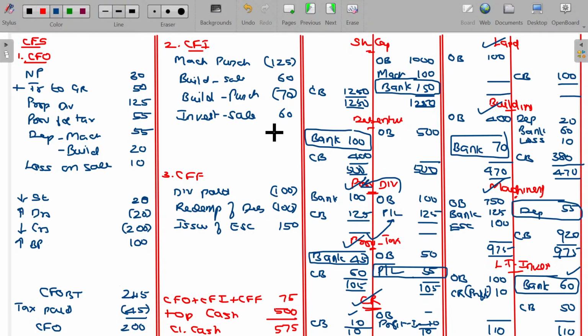Cash from investing 75 negative. Cash from financing 50 negative. 50 negative, 75 negative, 200 positive ends with 75 positive. With that, opening cash is added to get the final closing balance. Hope you will be now able to understand this.